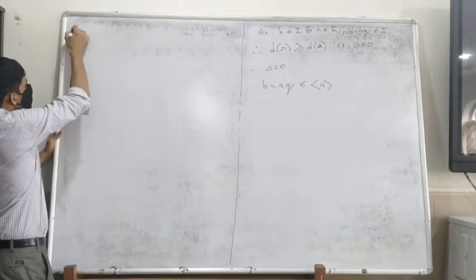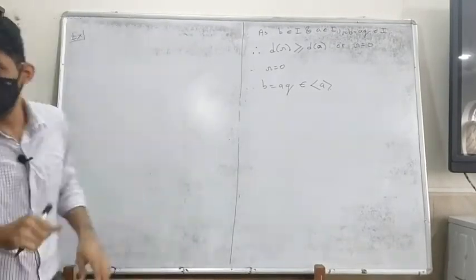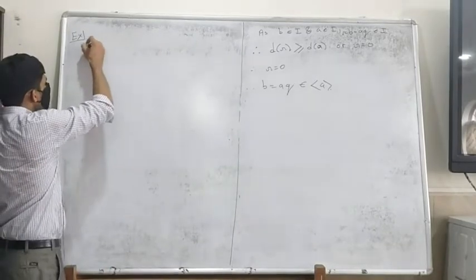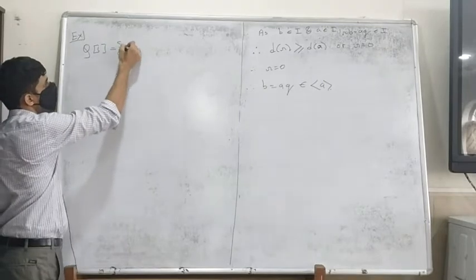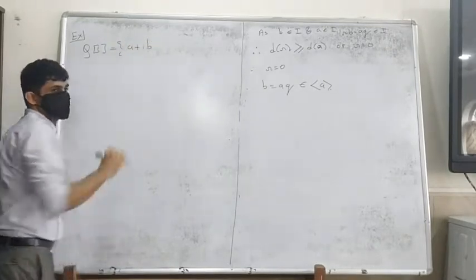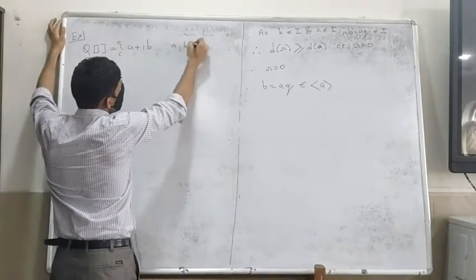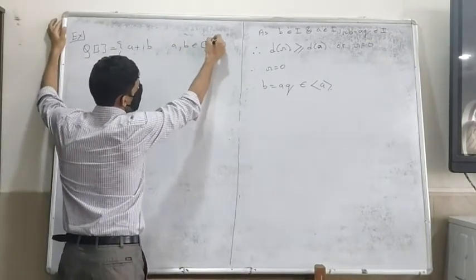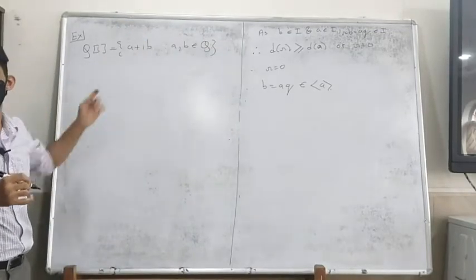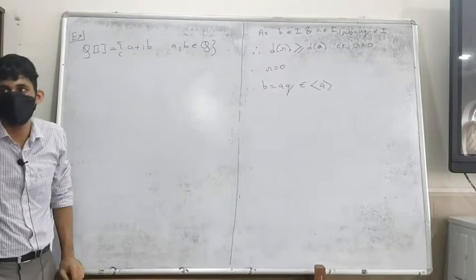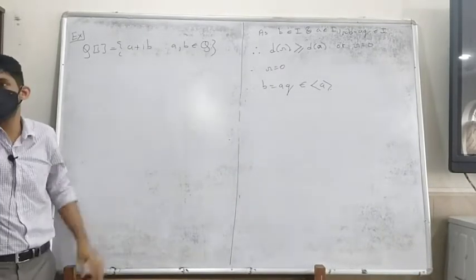One fact which you can show quite easily is that Q[i], which is nothing but the set of all a plus ib, where a and b come from Q. You know what type of a ring this is, with the usual addition and multiplication of complex numbers?